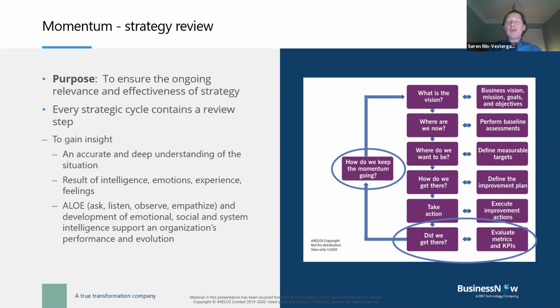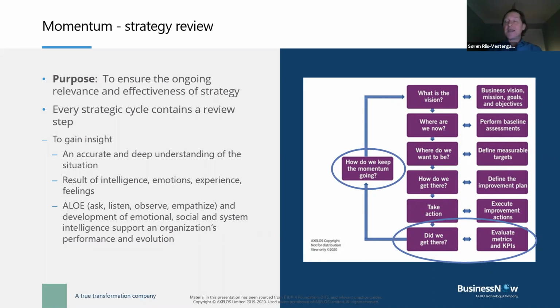What have we learned that we can bring further on in the next iteration to keep the momentum going, to gain insight in whatever intelligence, emotions, experience, and feelings we may have. And this is quite new in ITIL, to talk about emotions and feelings.